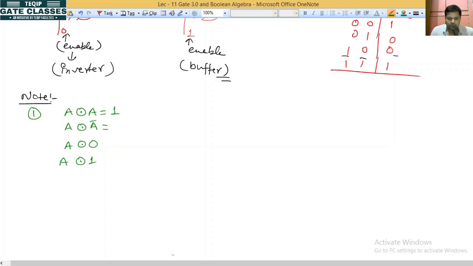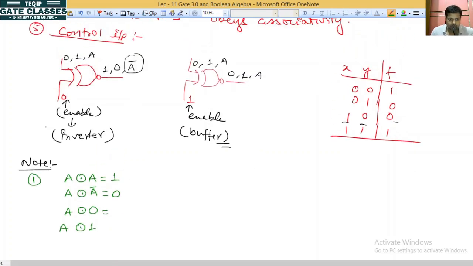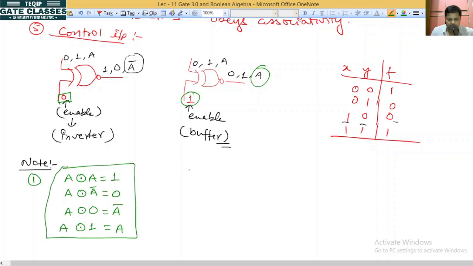If you give 1, so 1 bar is 0. So both are different. When both are different, output will be 0. At 0, if you see here, at 0, XNOR gate acts as inverter, so it will give A bar. And at 1, see here, output will be buffer, so it is acting as buffer. So this is the first formula.